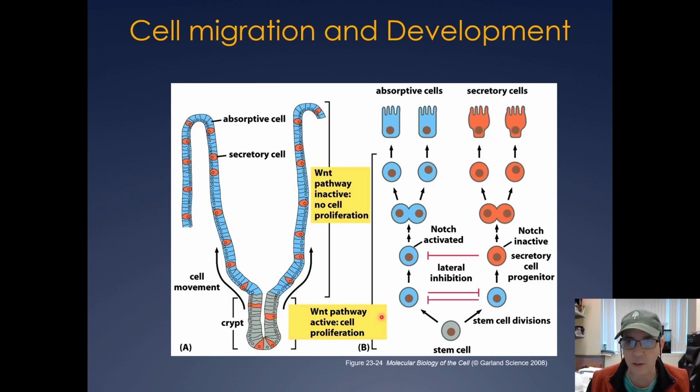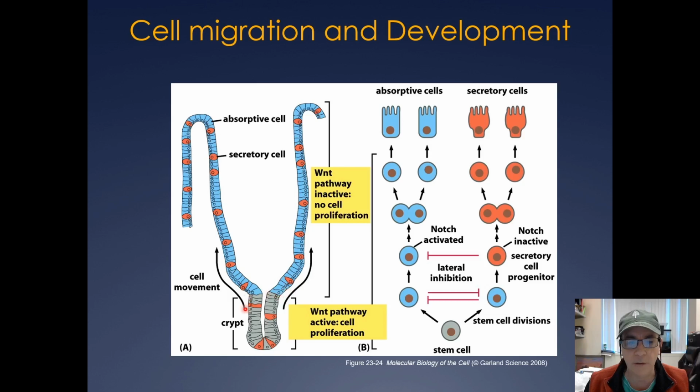So where this all comes into play in one area is basically in the lumen of your gut. Okay, so here is just sort of your intestinal epithelium. And these are the villi, and then you have your absorptive cells that are in blue and your secretory cells which are in red. And down here in gray are the stem cells, and they arise from the crypt, and as they move out they start to develop.